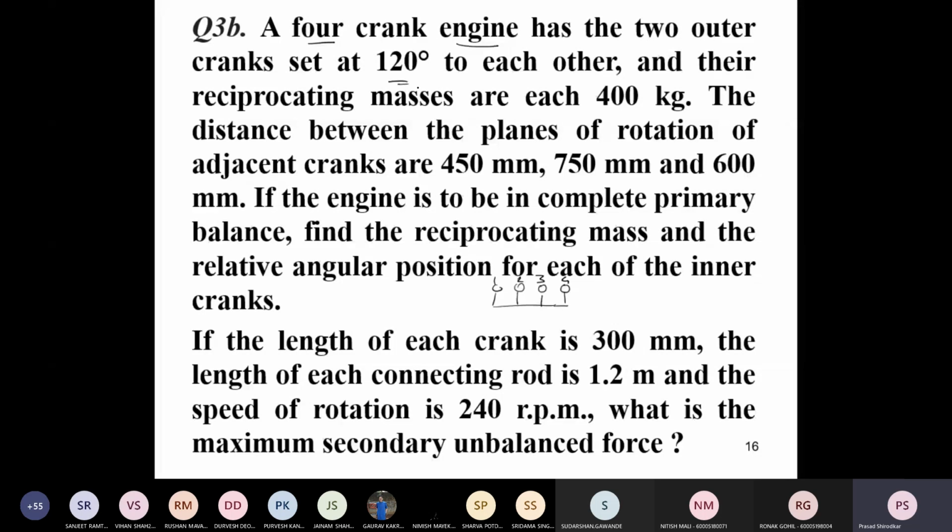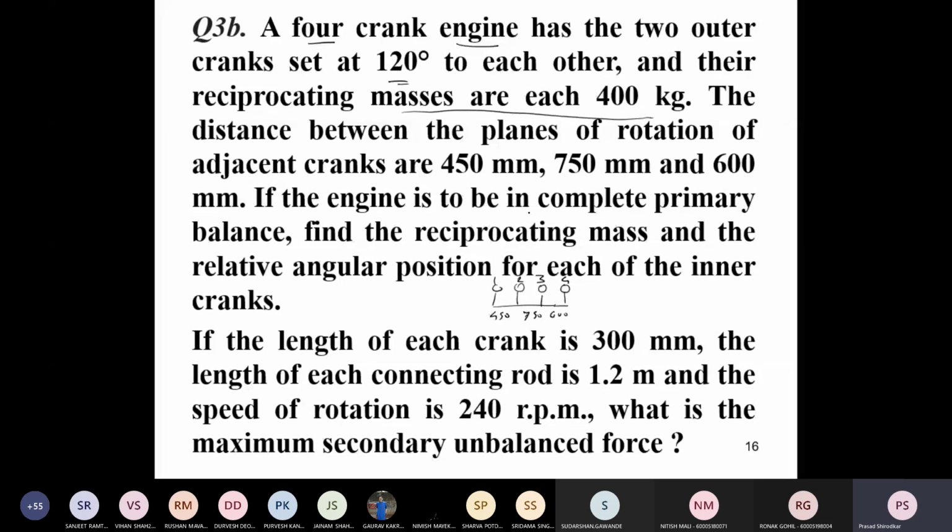They are set at 120 degrees and the reciprocating masses are 400 kgs. The distances between the planes of rotation of the adjacent cranks are 450, 750 and 600. So distances between the planes of rotation of all the reciprocating masses are given.